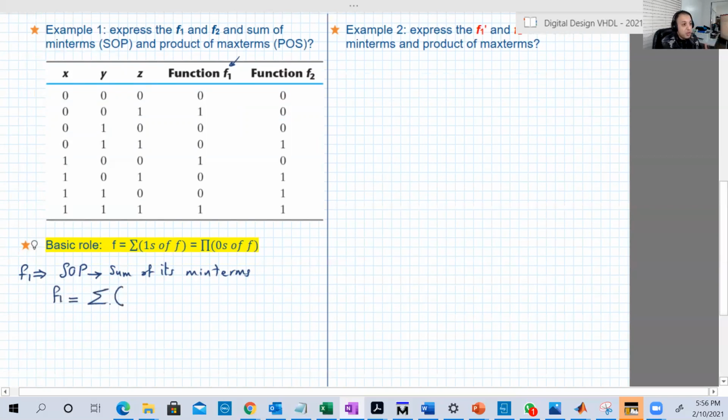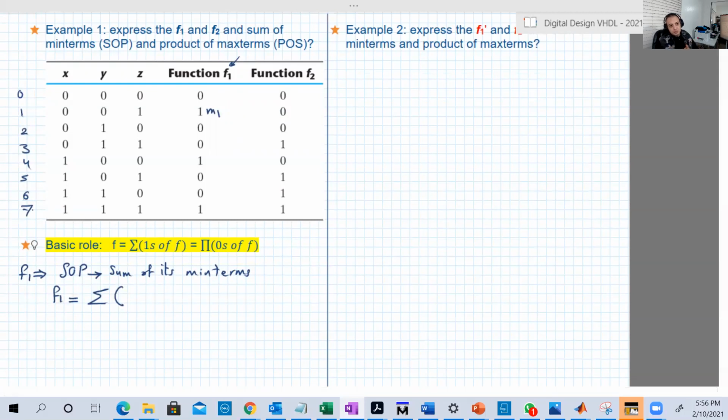Now let's locate where the ones of f1 are. Here is a 1, and this is actually m1. Remember, this is 0, 1, 2, 3, 4, 5, 6, 7, because again, the index, the subscript of the minterm is very important.